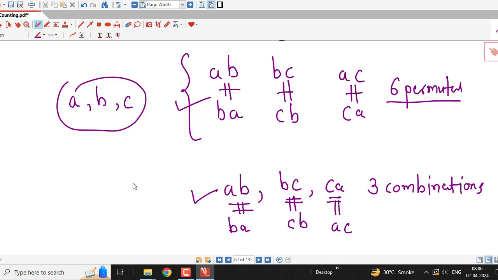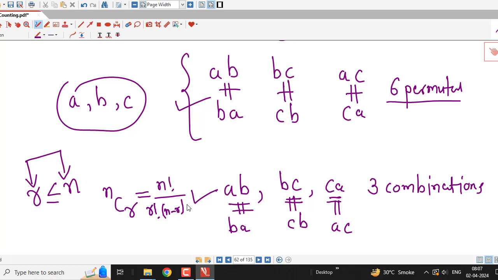A combination is an unordered arrangement or unordered selection of some objects out of given objects. Suppose we are interested in the selection of r objects out of a total of n objects, then the number of combinations in which order is not important is given by nCr, that is n factorial divided by r factorial times (n minus r) factorial.